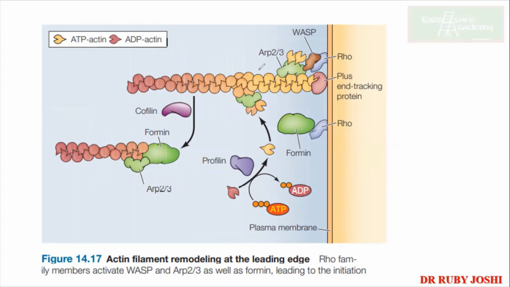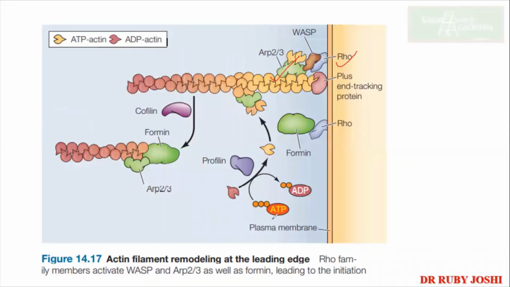Okay. So what is happening? We have the Rho family proteins activating your ARP2/3 and formin. What is formin? It is where you have started. If you remember the formin dimer where the nucleation starts, right? So these Rho proteins are actually helping in initiating the branches of the actin filaments.